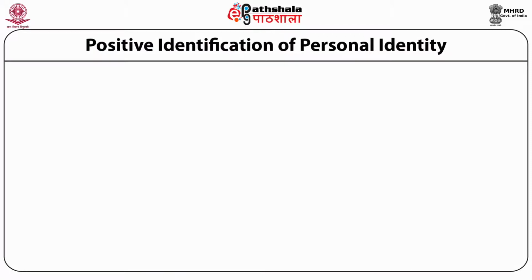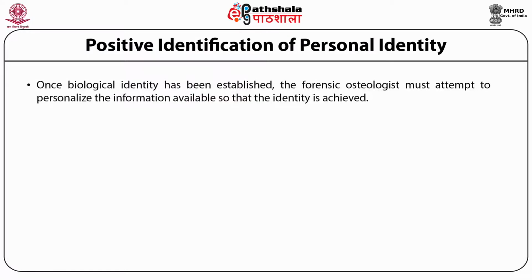Now, I'll be discussing positive identification of personal identity. Once biological identity has been established, the forensic osteologist must attempt to personalize the information available so that the identity is achieved.